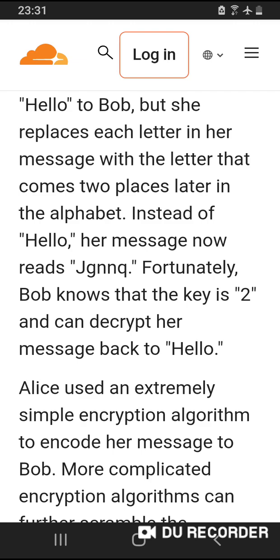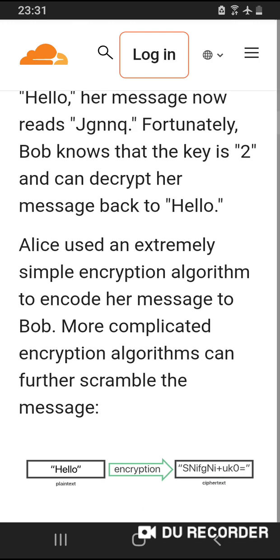Fortunately, Bob knows that the key is 2 and can decipher her message back to "hello." So you see that? Key. Decipher. Decrypt, excuse me. Decrypt.